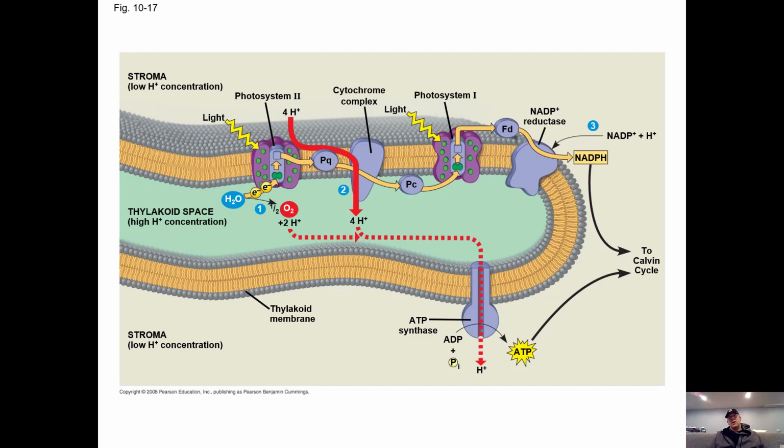And just like in the mitochondria, hydrogen ions are going to get pumped into the interior of the thylakoid. That creates a concentration gradient, like with the mitochondria. You're going to get a big buildup of hydrogen ions in the middle of the thylakoid. Then they're going to diffuse through ATPase, or ATP synthase, and as they're doing that, they're going to make ATP.